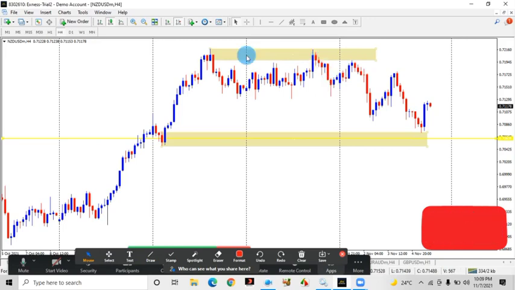Your stop loss will be above this high, 2 or 5, 10 pips above this order block. So in a situation like this, they should not come back to the high of this order block. The moment they come back to that, that means they've invalidated your setup.